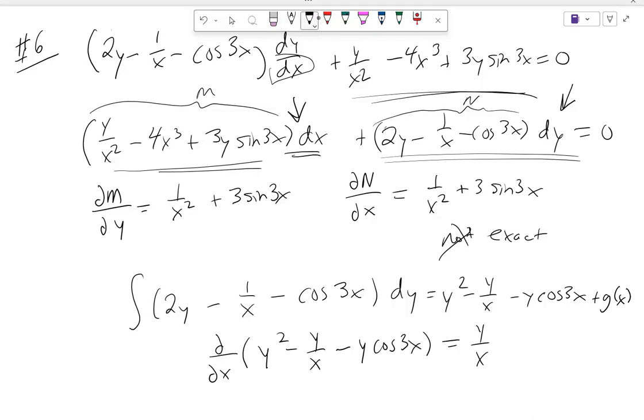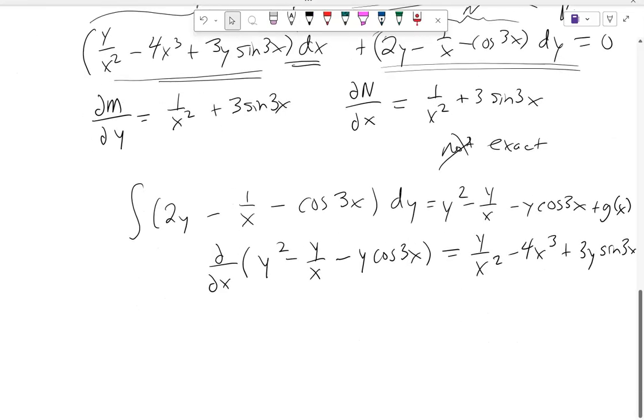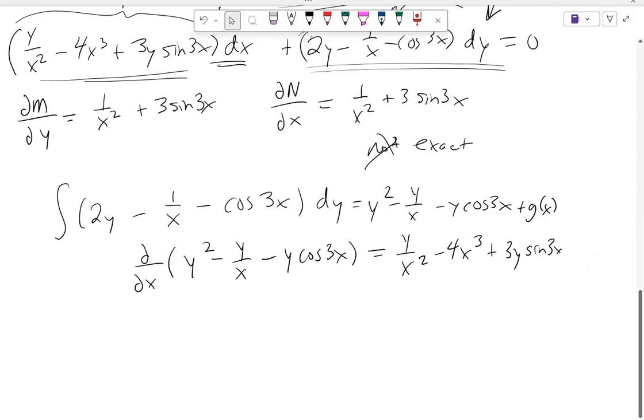Oops, squared. Oops. I forgot a piece, didn't I? I forgot my g of x in here.